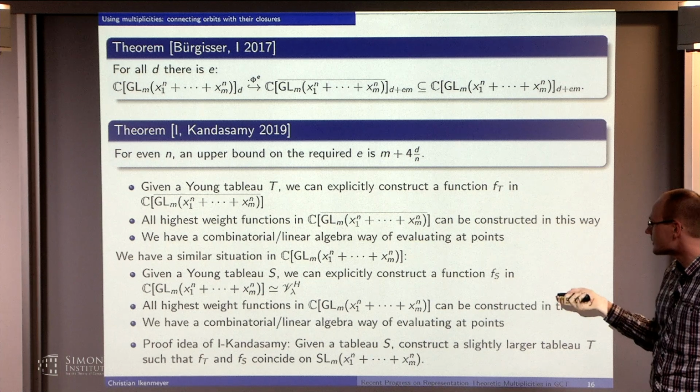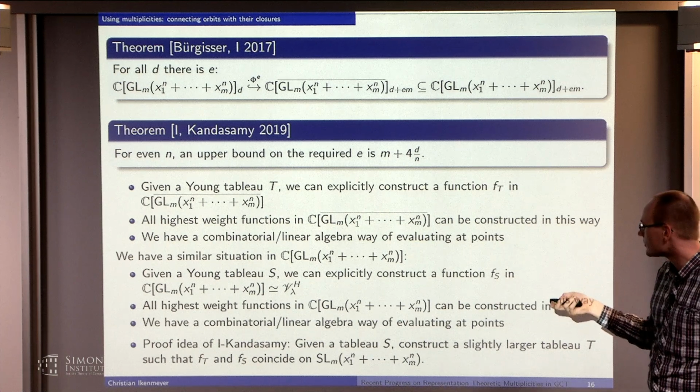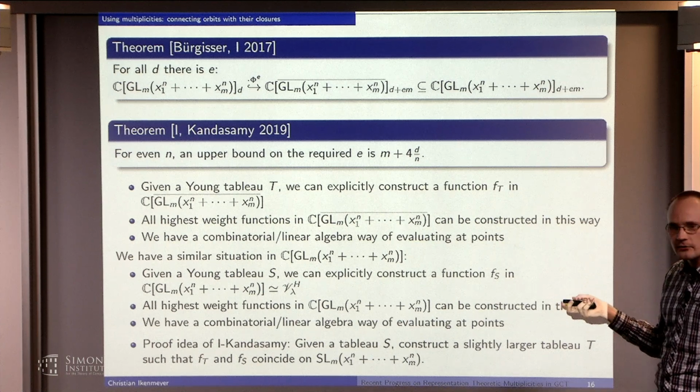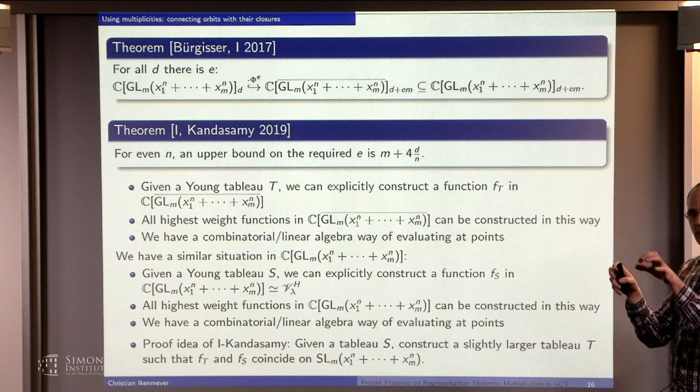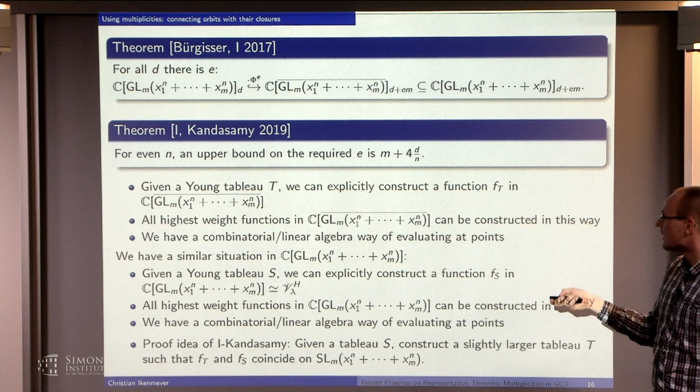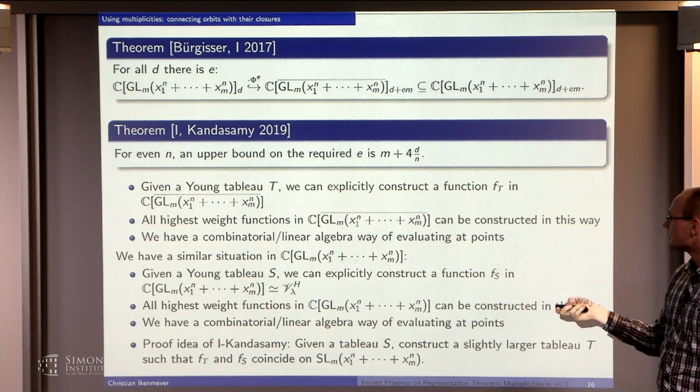It's a combinatorial construction where you try to simulate the behavior of this invariant by splitting this tableau up. There are too many numbers in this tableau.